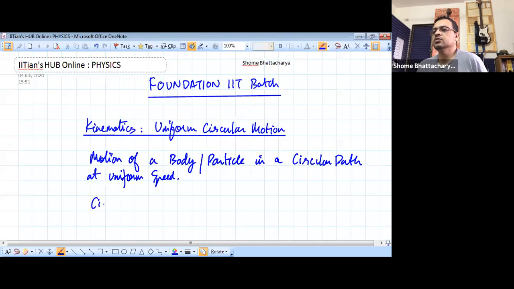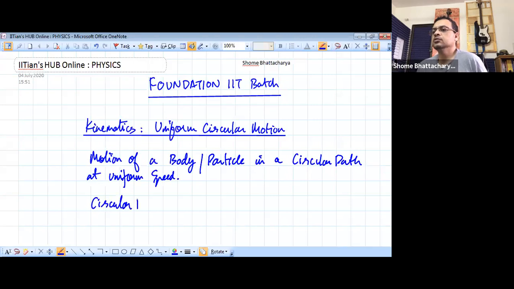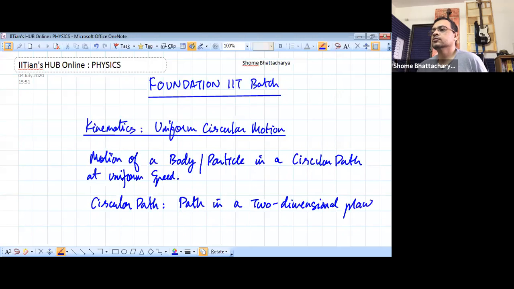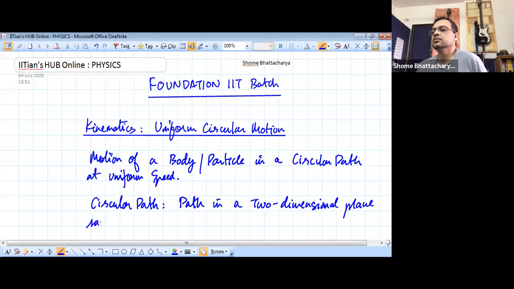And further, what is a circular path? You know that a circular path is a path in a two-dimensional plane such that the distance from a fixed point, which is called the center of the circle, remains constant.